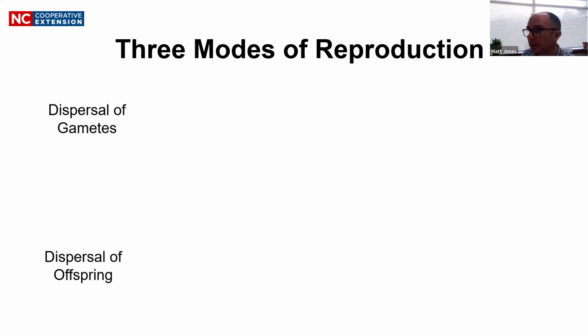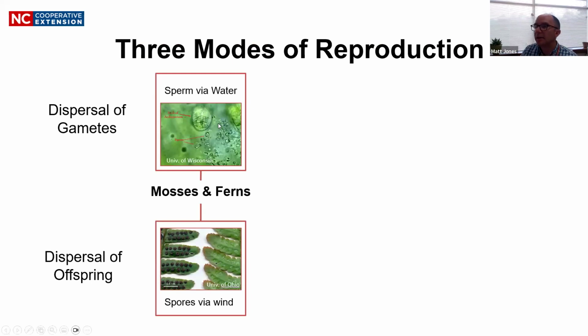So in the cases of ferns and mosses, they actually have swimming sperm. They release sperm that can swim in water, released from the antheridia, and they have to find the archegonia that contains the egg of another moss or fern of the same species, and sperm and egg meet, voila, that develops into an adult.